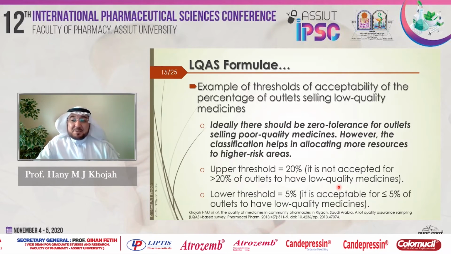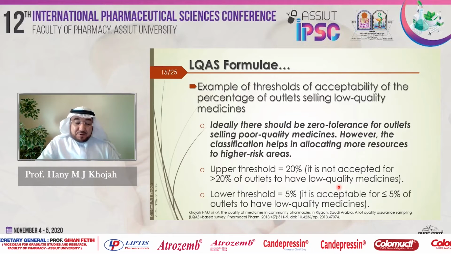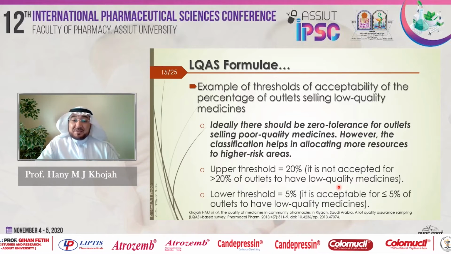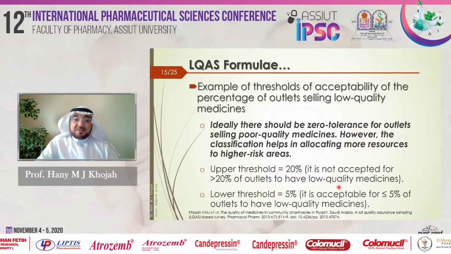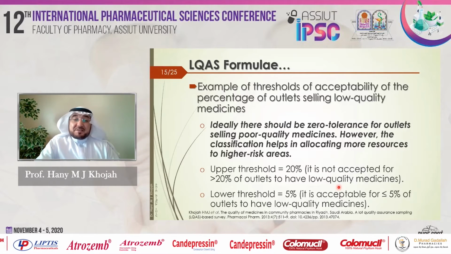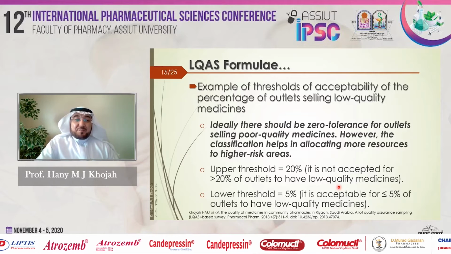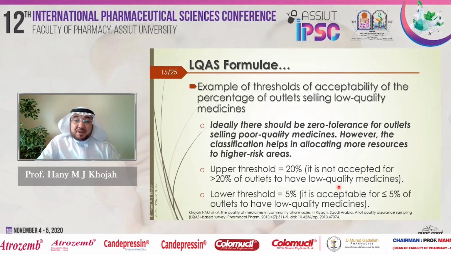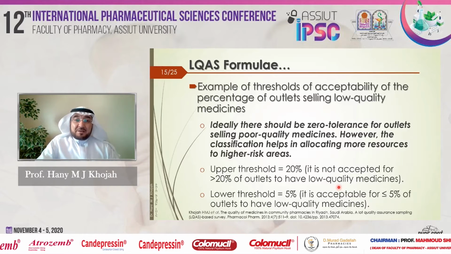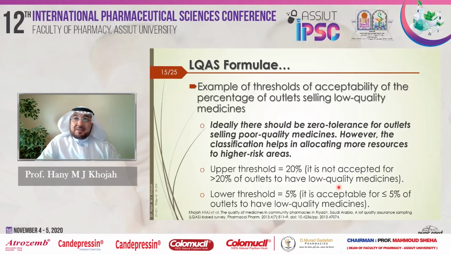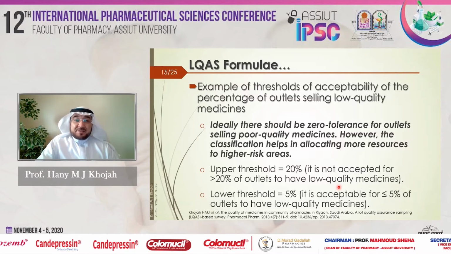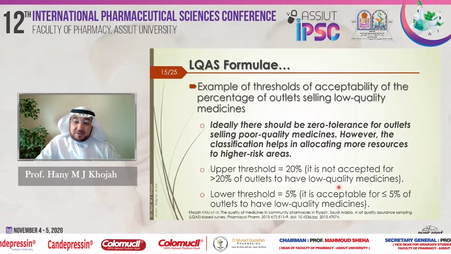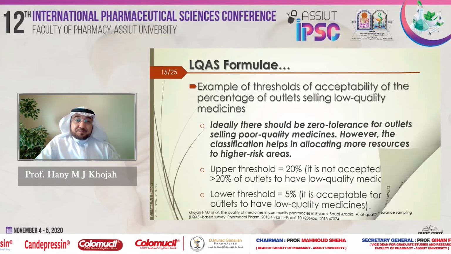So it is acceptable for less than or equal to 5% of outlets or pharmacies to have low quality medicines. Actually, when you define these upper thresholds, it's not arbitrary. It's based on other researches in other countries worldwide. And again, the reports of the authorities in the country or the city you are conducting the survey in.